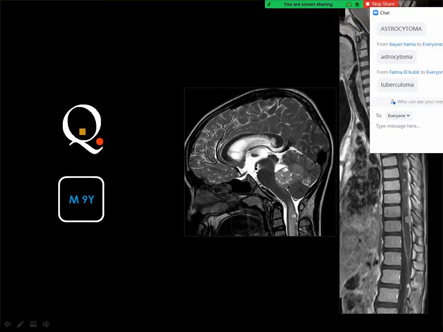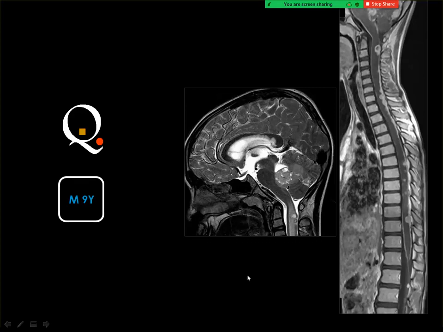And tuberculoma in the cord, I advise you don't diagnose this possibility because it's considered extremely rare. Tuberculomas in the spinal cord are considered extremely rare.